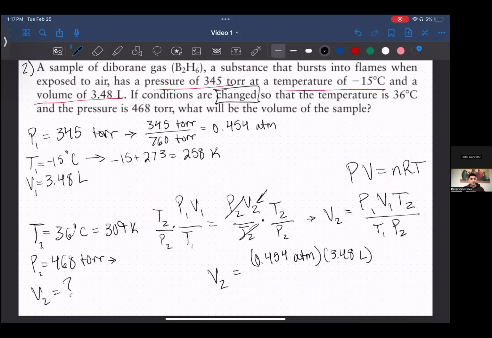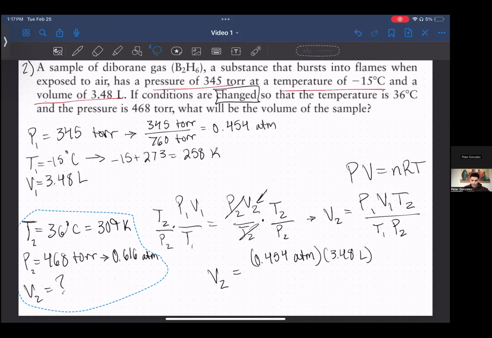And then for this pressure, we're going to do the same thing we did above. You take the pressure in torr and divide it by 760 torr, and that gives you it in atm. So I'm going to go ahead and solve for that too, and that should be equal to 0.616 atm. Okay, awesome.